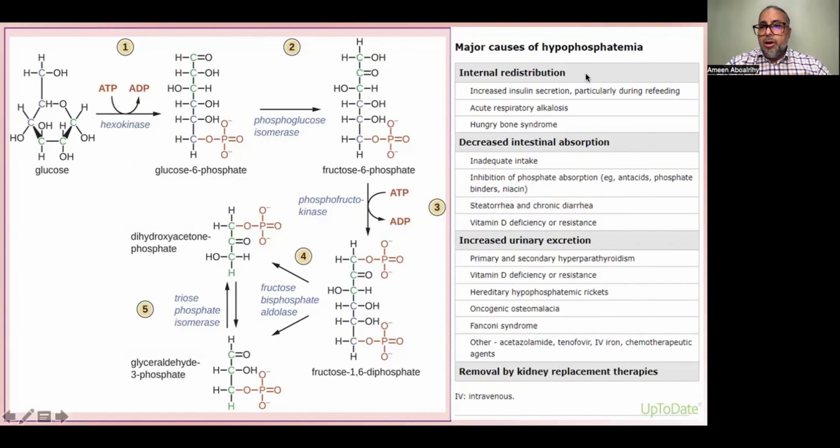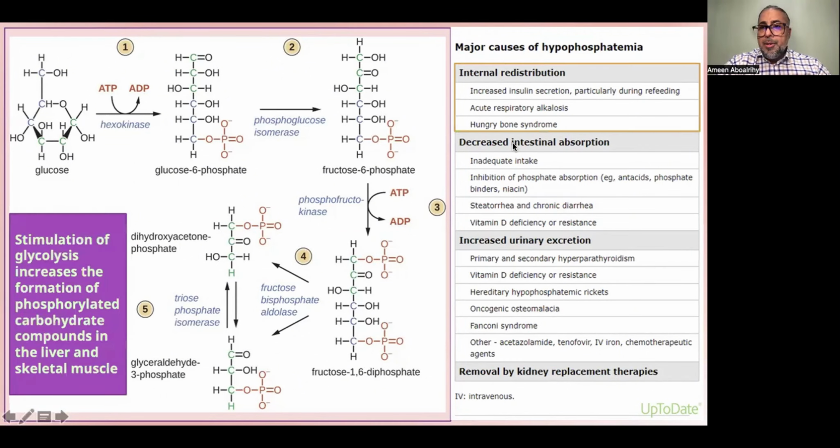The major causes of hypophosphatemia, to start with, are an increase in insulin and acute respiratory alkalosis, and put it in your mind, acute respiratory alkalosis is the main reason for hypophosphatemia in hospitalized patients.